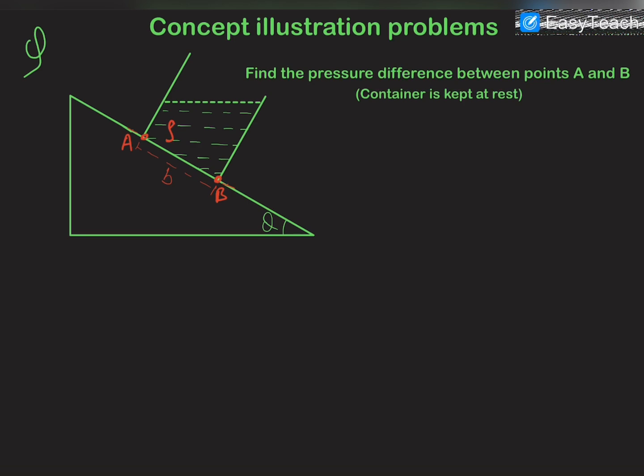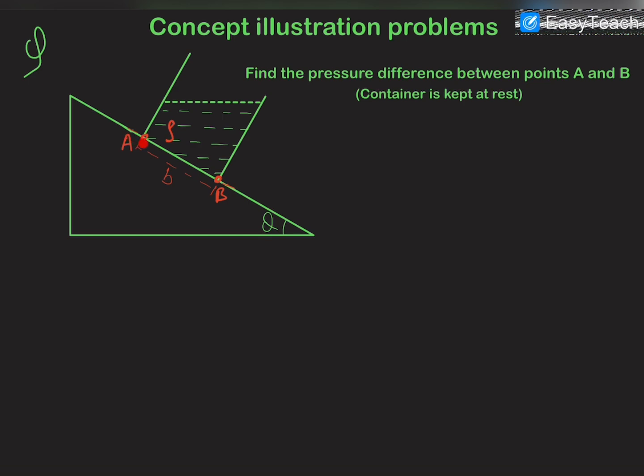So let us start with this first problem. You can see that there is a container in which some liquid is filled, and this container is kept on a rough inclined plane, and the friction is sufficient so that this container is not sliding on the inclined plane.